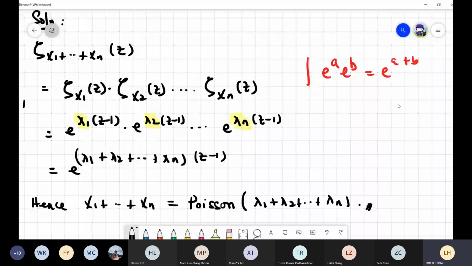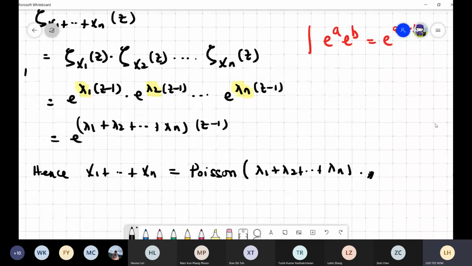Okay, so you can actually solve this problem using the characteristic functions instead of the moment generating function. What you need to do is replace the formula for characteristic functions over here and work out the similar calculations.